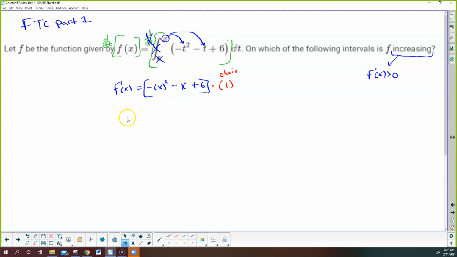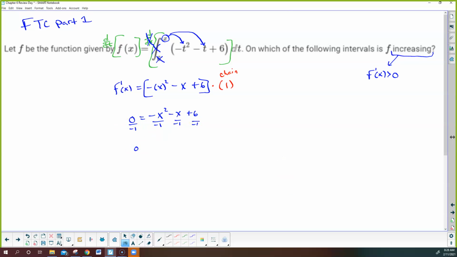All right, so what do we need to do then? Well, we need to figure out when f prime of x is greater than 0, and to do that, we set it equal to 0. Now, I'm just going to rewrite this. If I had a number here, I would distribute it, but distributing a 1 doesn't change this. But there is one small problem. I don't love the fact that there's a negative here.